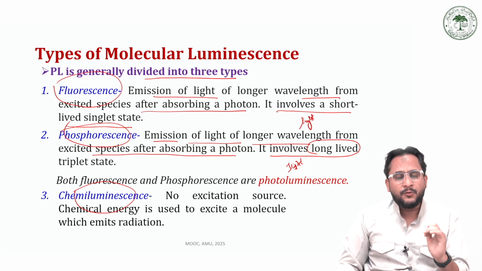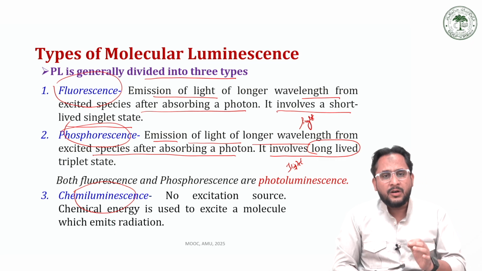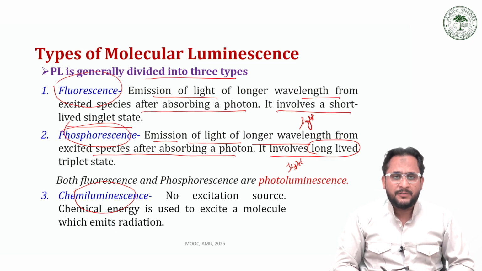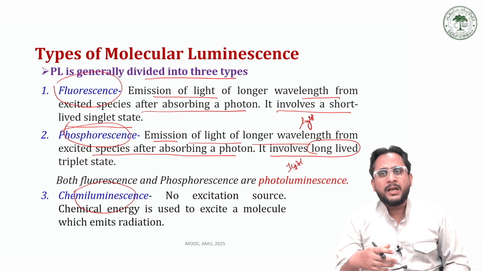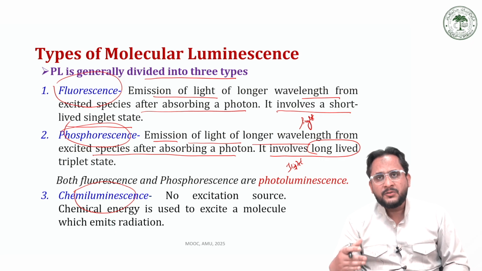So fluorescence is the emission of light of longer wavelength upon absorption of light of shorter wavelength, and as soon as we stop the incident light, the emission of light from the fluorescing molecule stops.